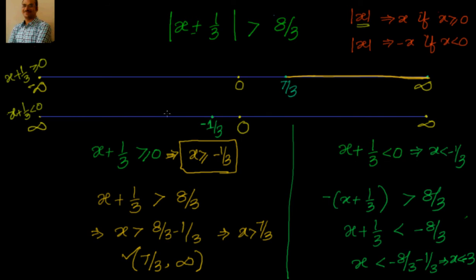X less than minus 1 by 3, and minus 3 is somewhere here. So we are okay, good to go. Less than minus 3 means it should start from minus infinity and go to minus 3. So minus infinity to minus 3.